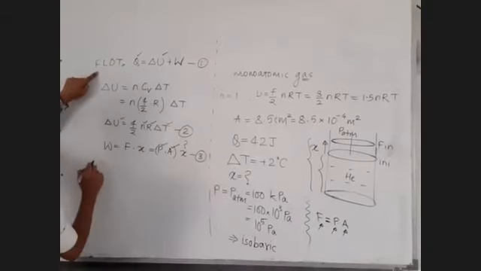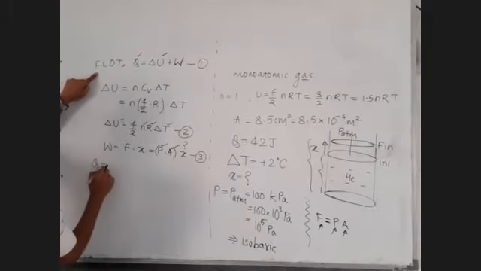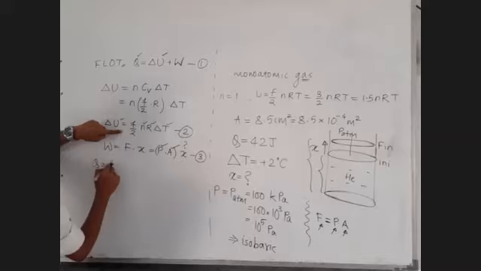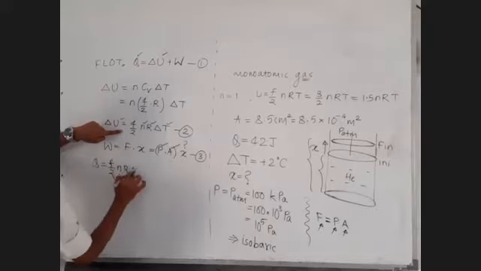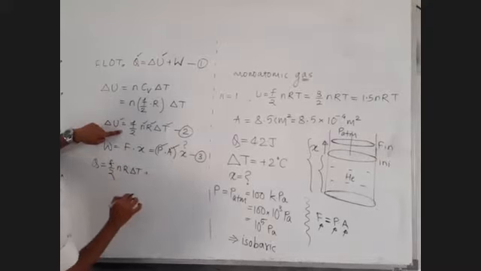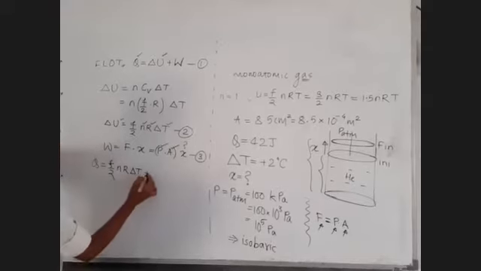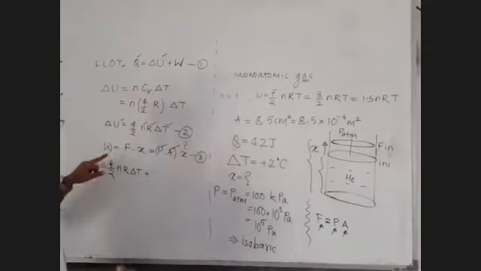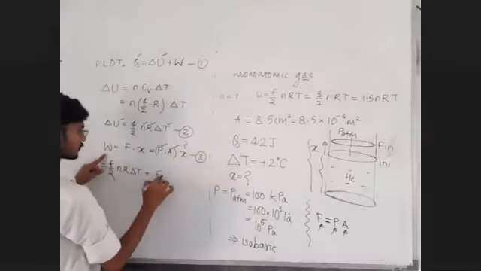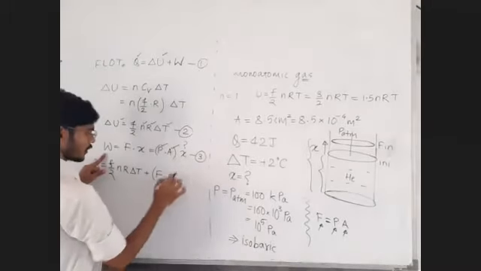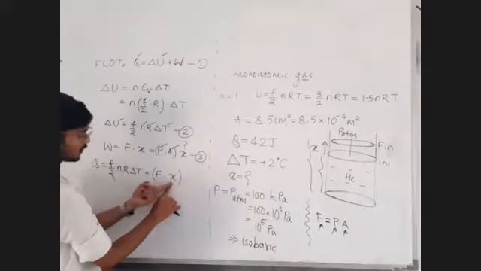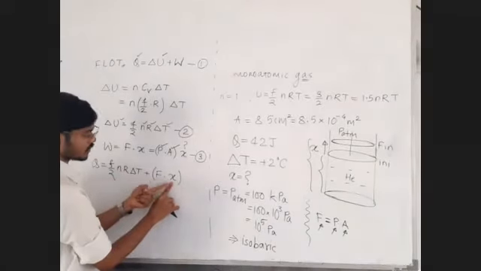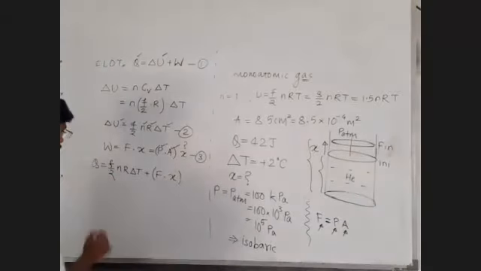Sir, Q is equal to delta U, which is f by 2 nR delta T, plus this work done as force into displacement. If this x comes out to be positive, it means it is expansion. If this x comes out to be negative, then it will be compression.